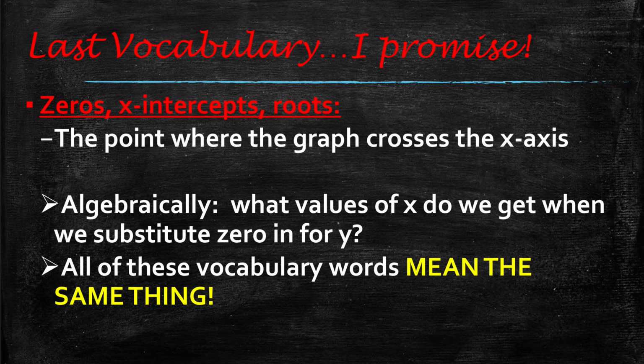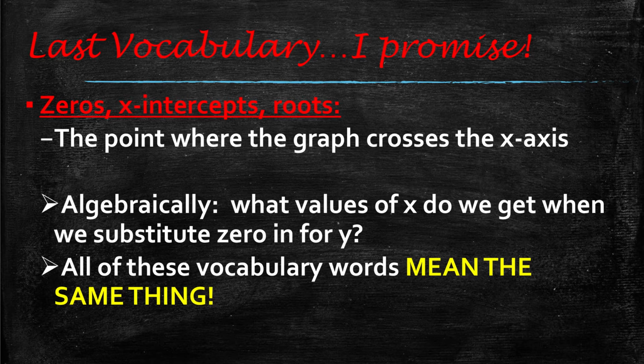All right, last vocabulary word, zeros, x-intercepts, and roots. You should remember this from Algebra 1. A zero, an x-intercept, root, those all mean the same thing. It's where the graph crosses the x-axis. Algebraically, it's going to be what values of x do we get when we substitute 0 in for y.